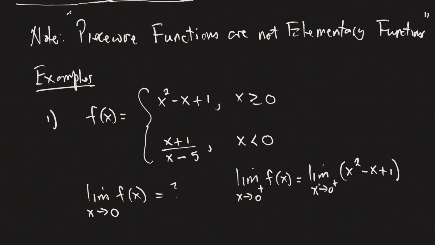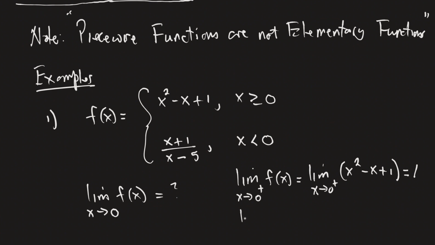Then I can use what we previously did and say, well, this piece happens to be a polynomial, so I can try to plug 0 in. When you evaluate a polynomial at 0, all you're left with is the constant term, if there is one. Well, there's always a constant term; you can think of it as a plus 0 if it's missing. But that's equal to 1. So that's the limit of our piecewise function from the right as x approaches 0.